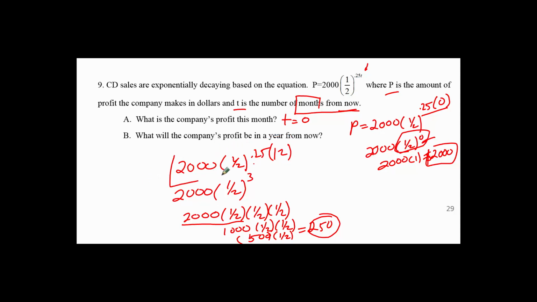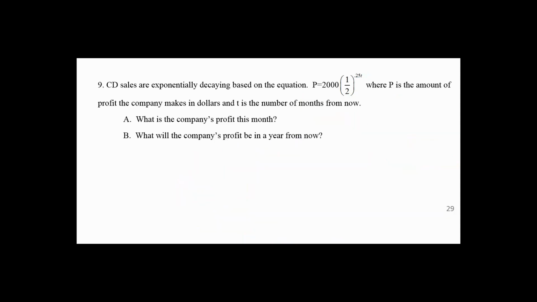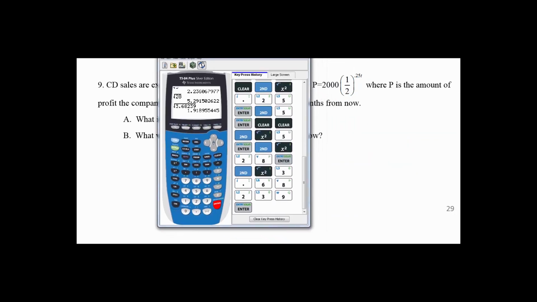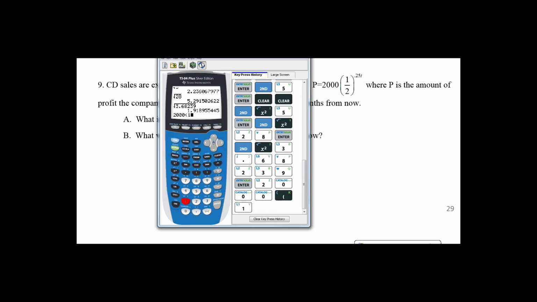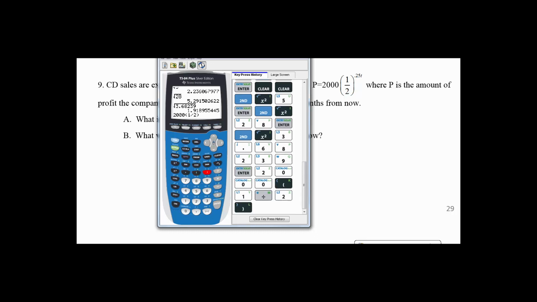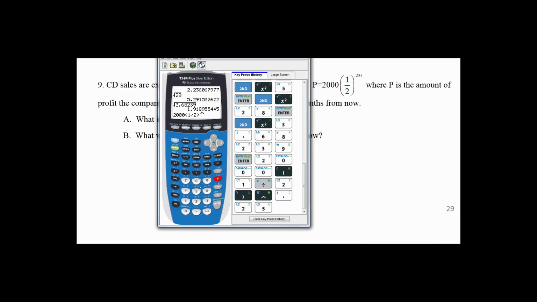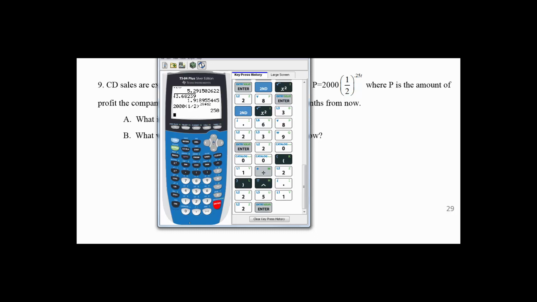If we take out our handy dandy calculator, we're going to write down 2,000, parentheses 1 divided by 2 for 1/2, raised to the power. With the new calculators, it goes up as a power, and you can write it just the way you see it: 0.25 times 12. And hey, it's wonderful, it's 250.